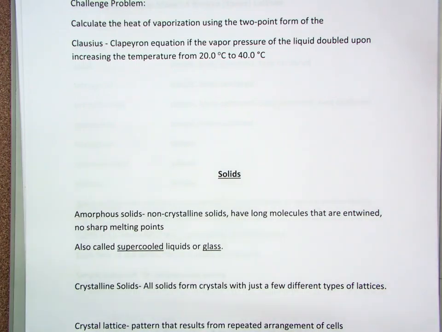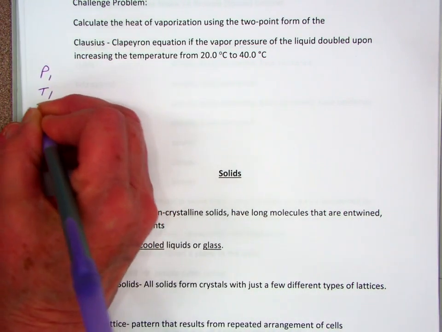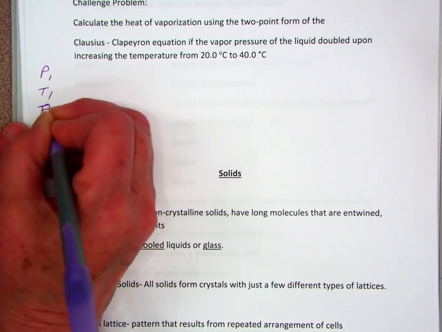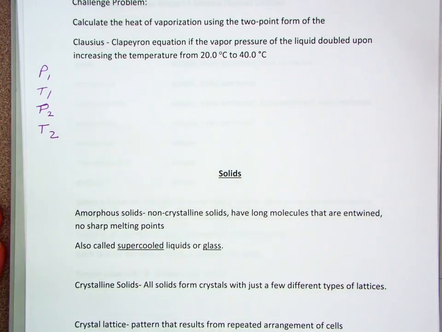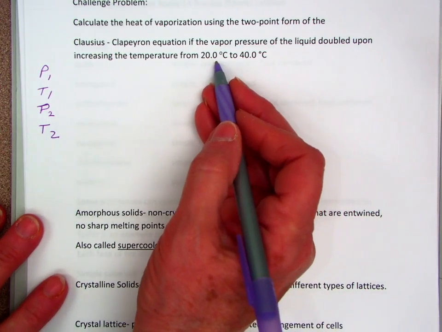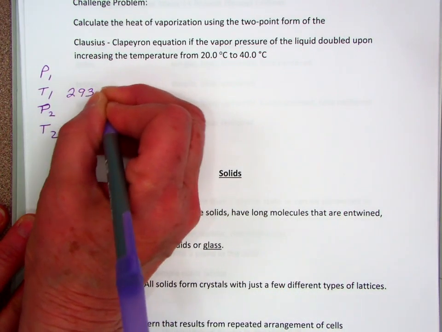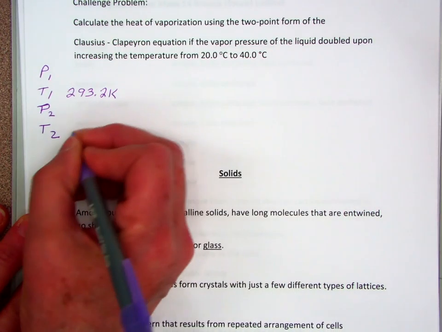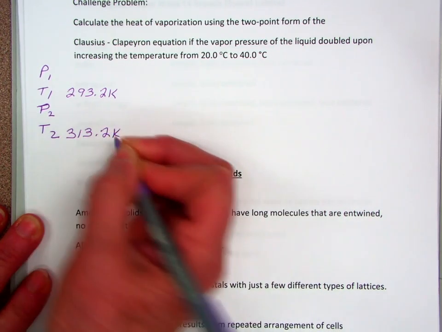Identify what we know. Okay? So we've got P1, T1, P2, and T2. So what do we know? Well, we know the original temperature is 20 degrees, which is 293.2 Kelvin, and my final temperature is 40 degrees, 313.2 Kelvin.